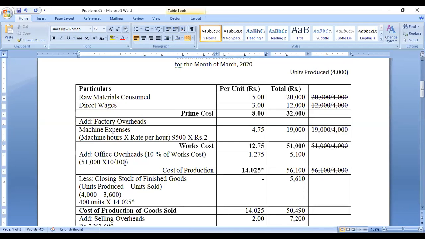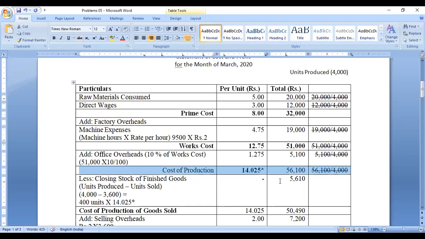With the works cost of 51,000, 10 divided by 100, that amount is 5,100. 5,100 divided by 4,000, that amount you can arrive at as cost per unit, 1.275. If you put all the costs together, you get the cost of production.